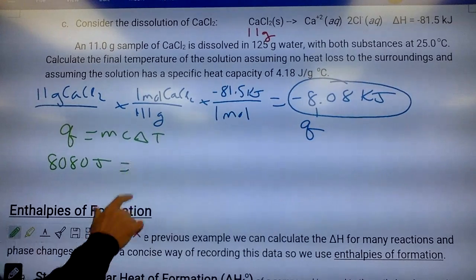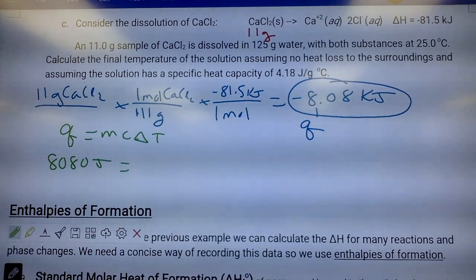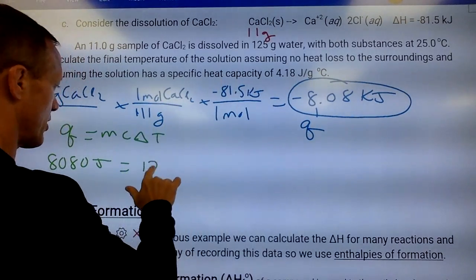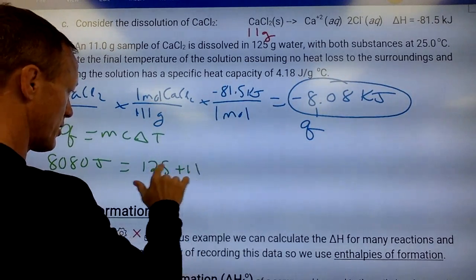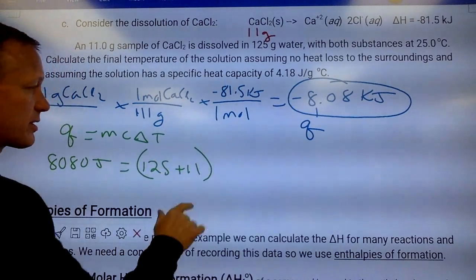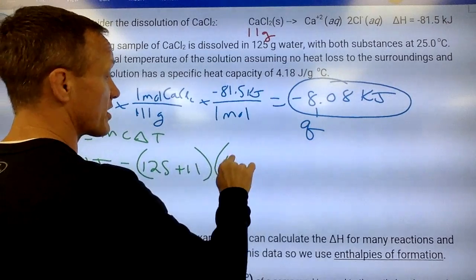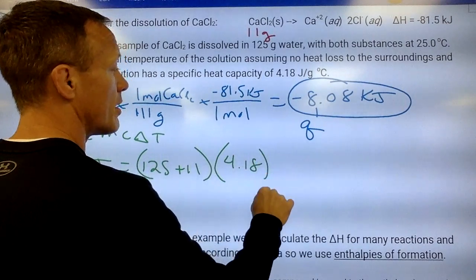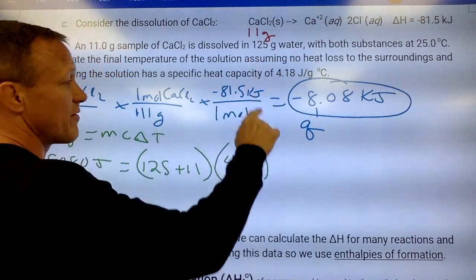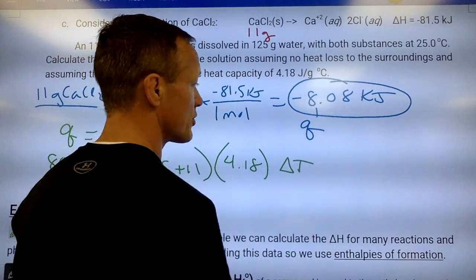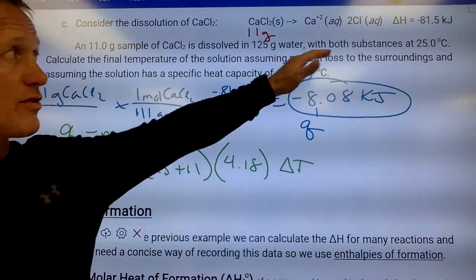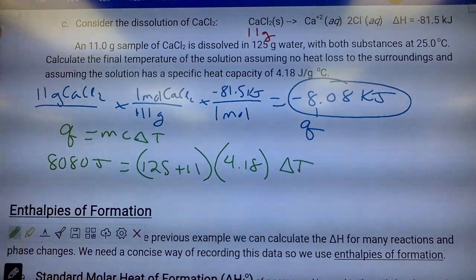So that many joules equals, our mass needs to be our total mass, so 125 plus 11, it's 136, times the specific heat of the solution. And I could do final minus 25, or I can just go delta T here and solve for delta T and know that I'm going to add it on to 25 degrees Celsius because I know the temperature is getting hotter.